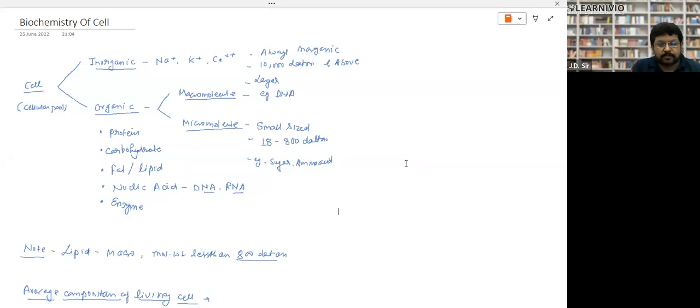Biomolecules can be of two types: inorganic and organic.